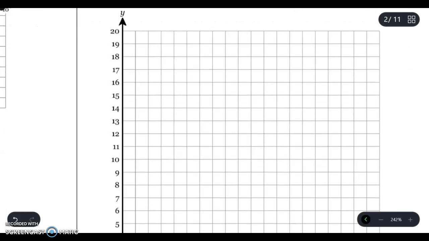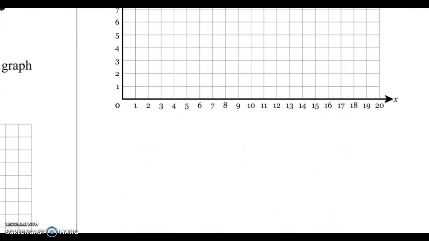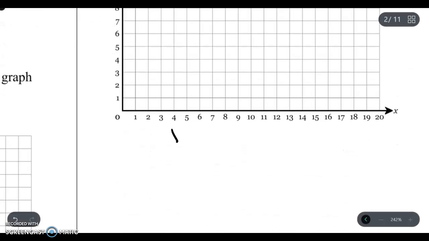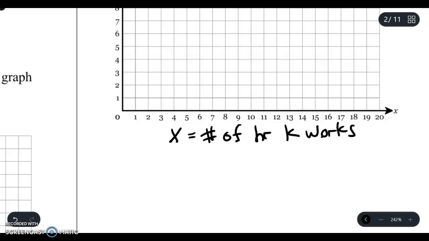So we're going to have X represent the number of hours Kay works, and Y is going to equal the number of hours Sam works.